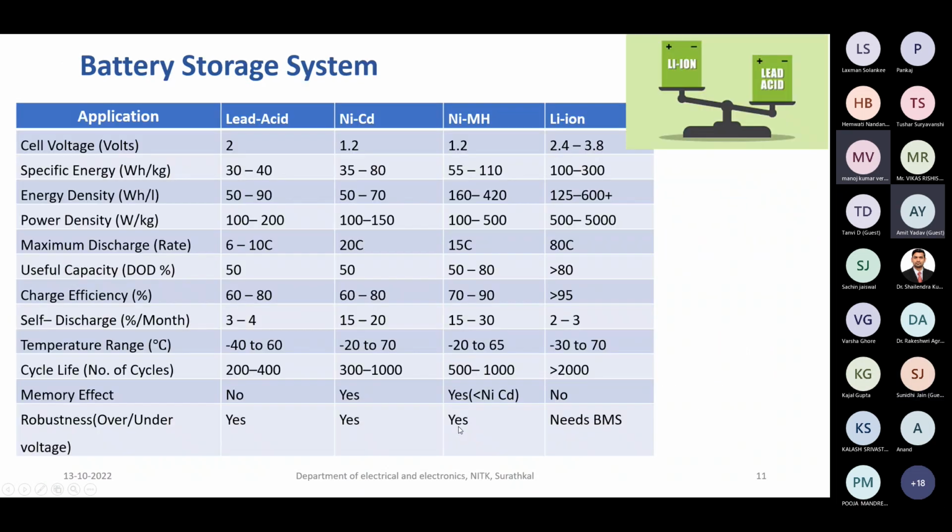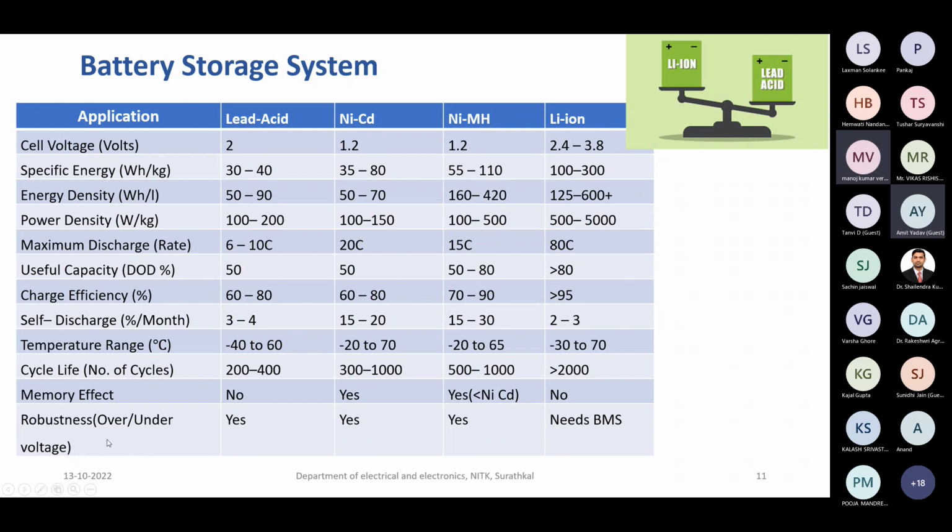To further discuss the chemical compositions, starting from the conventional lead acid, nickel cadmium, nickel metal hydride, and the last one, lithium ion, I'm comparing it with the conventional methods.